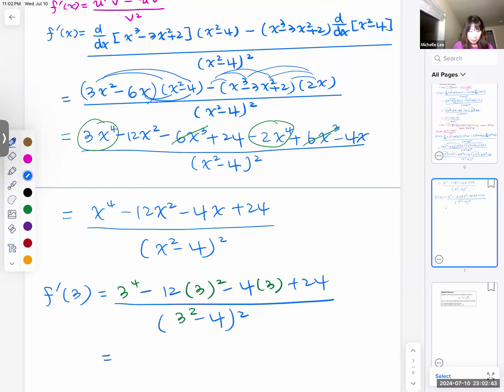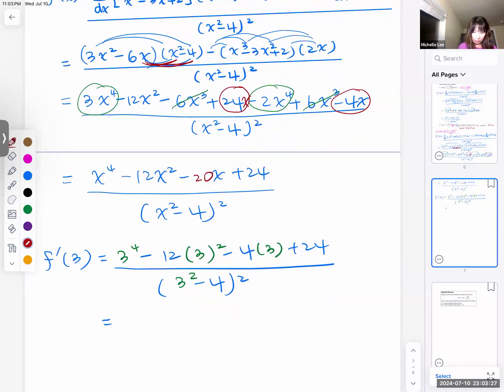Okay, it looks like I made a mistake here. Please take a look. This is 6x to the third power, and then this is negative 20, positive 24x there, right? Can you see that? So it's positive 24x and then negative 4x, which is 20x instead of 4x.